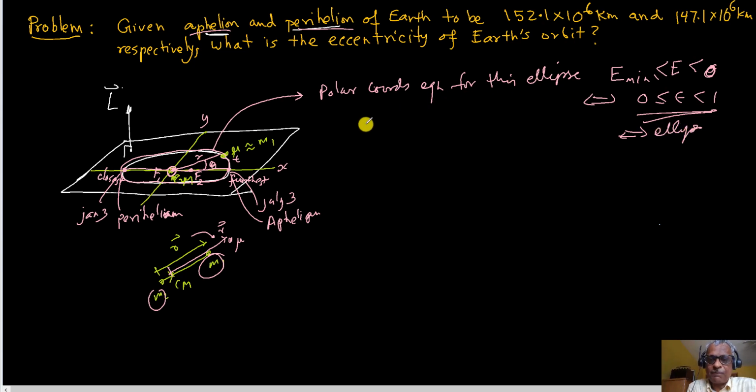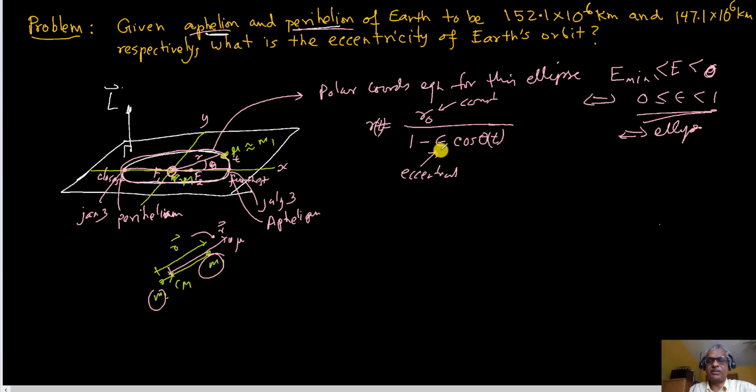In this case, we had R equals some R0, this is some constant, over 1 minus epsilon, this is the eccentricity, times cosine theta. And this theta is at some unknown time. So that's the relationship, and that's the orbit equation.